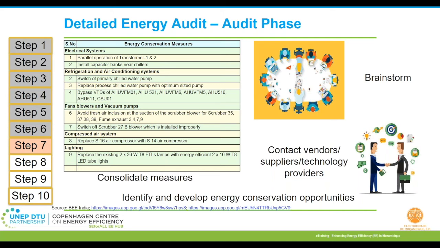Once there is an understanding and common consensus between the energy audit team and the facility, depending on whose scope the activity was agreed upon, they will have to contact the vendors, suppliers, and technology providers to see if they will be able to deliver the desired energy efficiency technology, material, or equipment, and if so, at what cost.